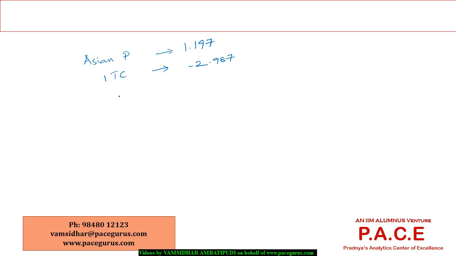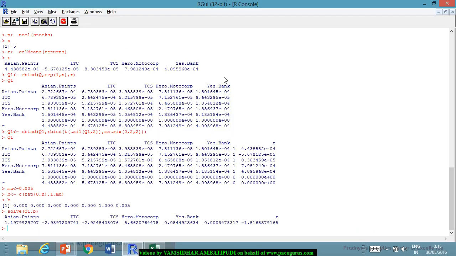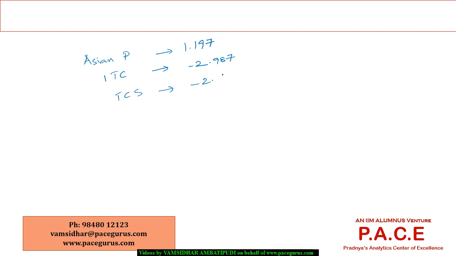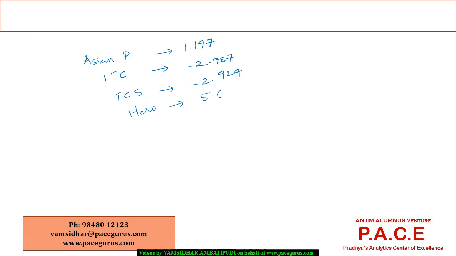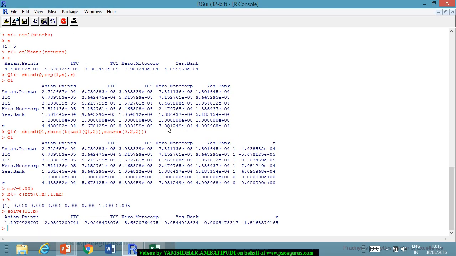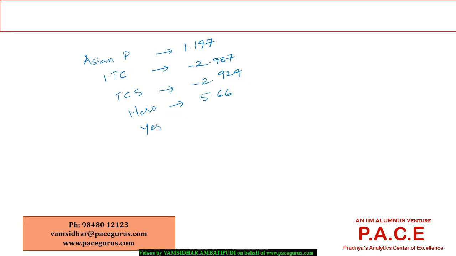Then TCS also is a short, which is minus 2.924. Then you have Hero Motor Car, which is a long position, 5.66, and Yes Bank is also a small long position of 0.05.